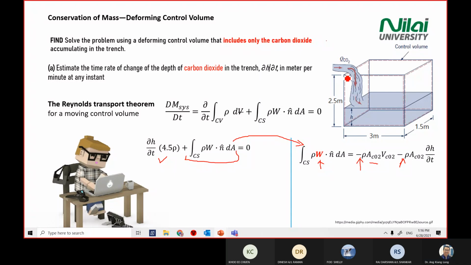If you pump in the CO2, the H will become negative. So we have negative there, because it's going in. This one is you calculating what happened to this H.